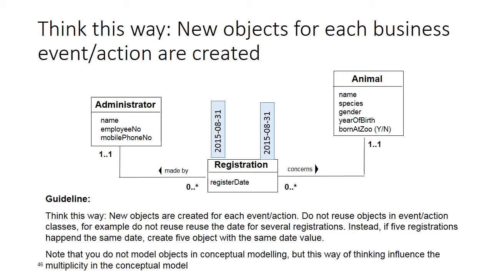Then if new events happen the next date, then you create new objects, but then you change the date value, of course. Note that you do not model the objects in conceptual modeling, but this way of thinking influences the multiplicity in the conceptual model.